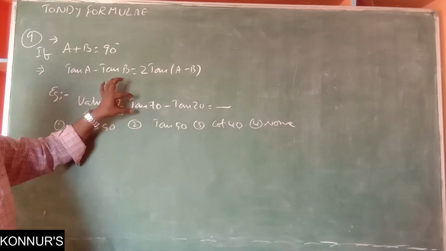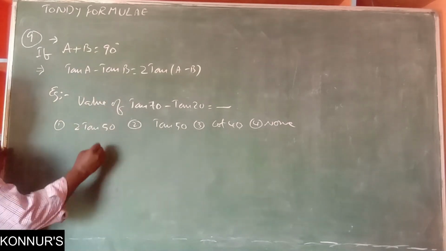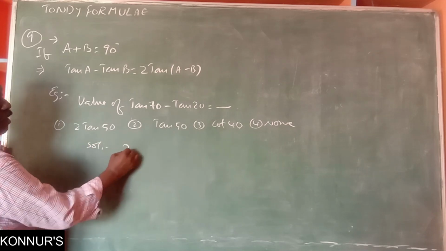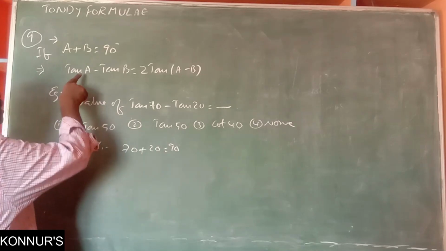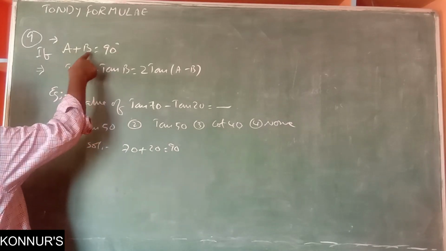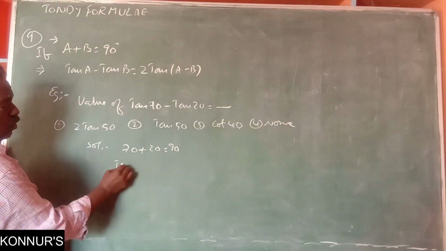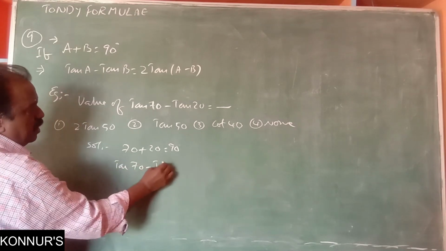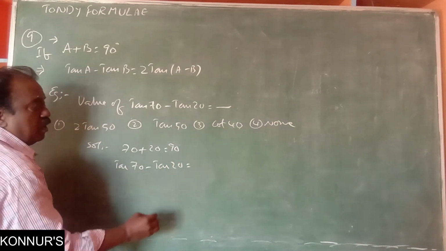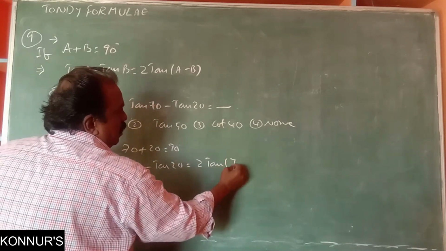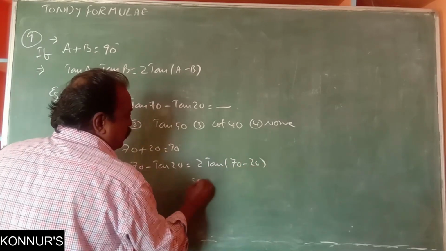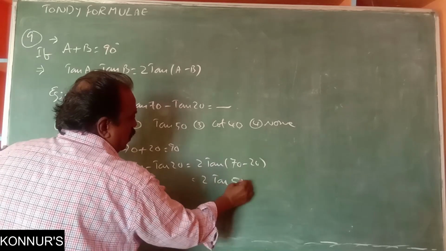Now you see the solution: 70 plus 20 is equal to 90, A plus B. So, tan 70 minus tan 20, how much? By using that formula, it is 2 times tan of (70 minus 20), which is 2 tan 50.